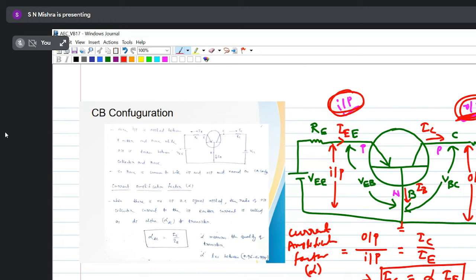This alpha is called the current amplification factor, and generally alpha ranges between 0.96 and 0.995. That means 96 to 99.5% of the holes sent by the emitter should reach the collector. That is my objective. Clear? Yes, sir.